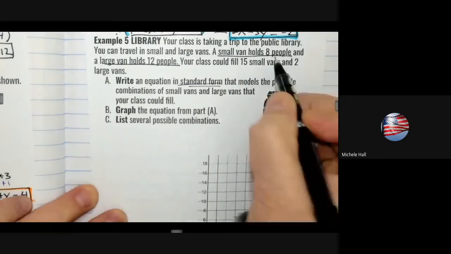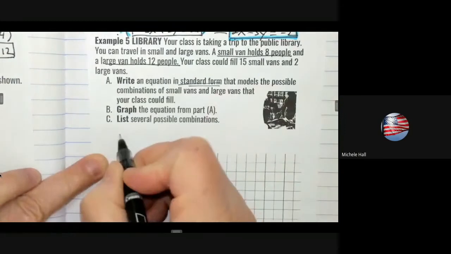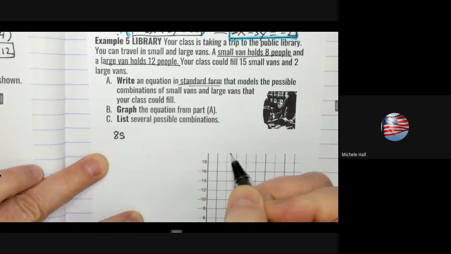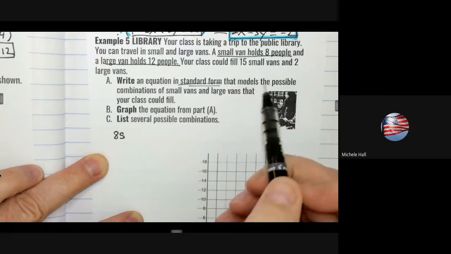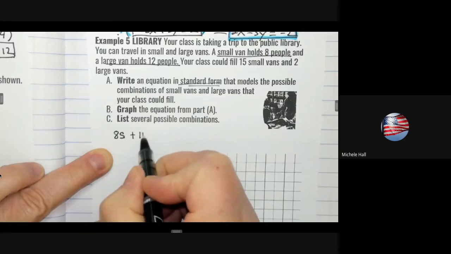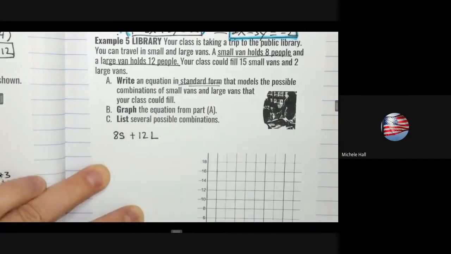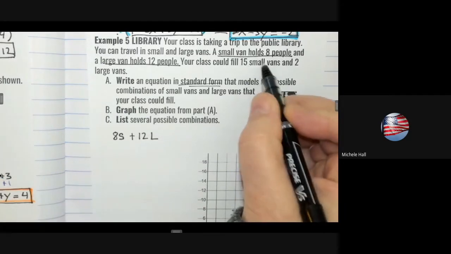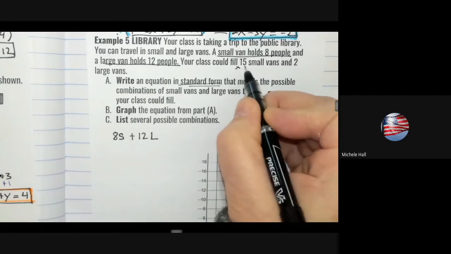We have 8 people in the small van, and we have 12 people for the large van. And altogether, your class could fill 15 small vans and 2 large vans. So 15 small vans, and that's times 8, because a small van holds 8.